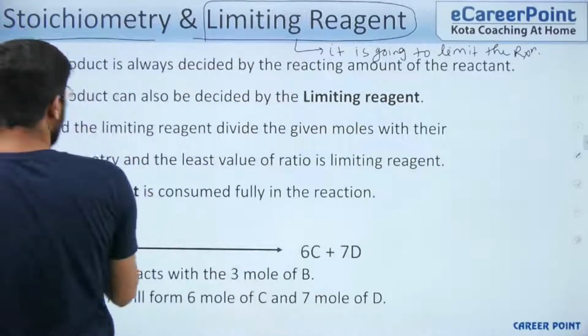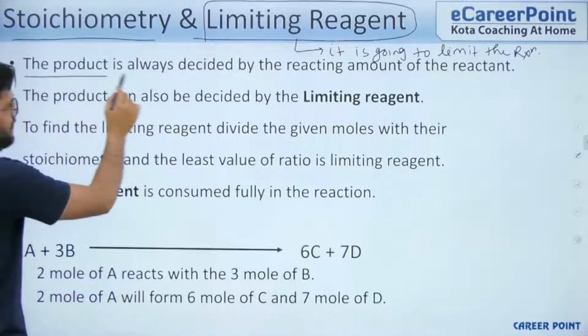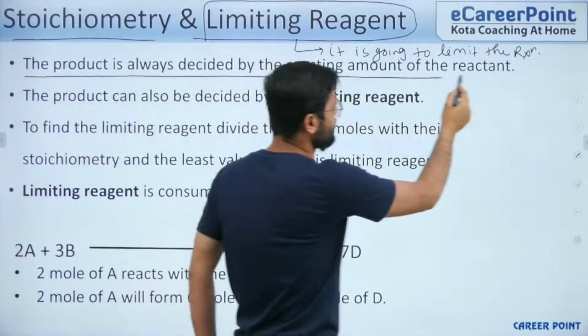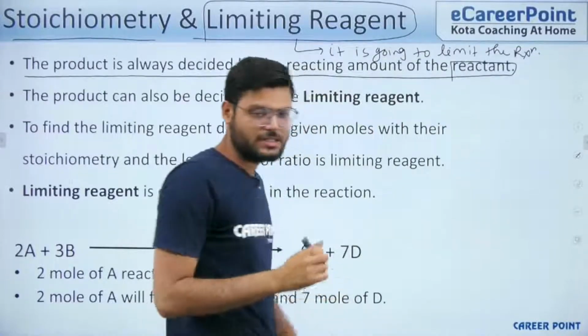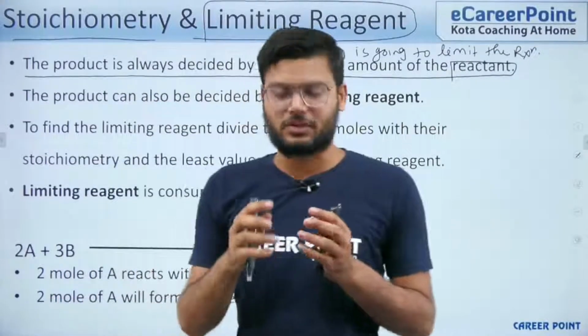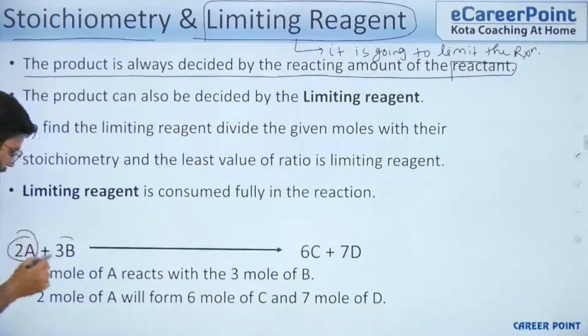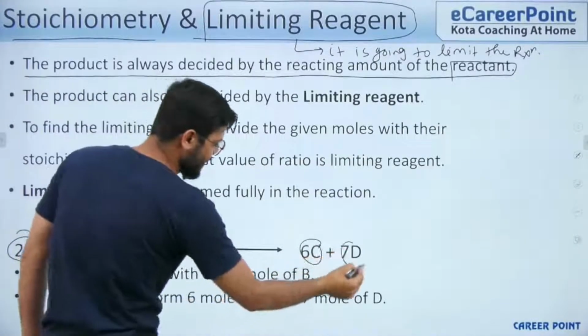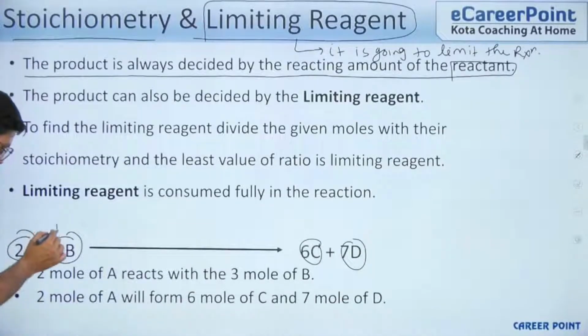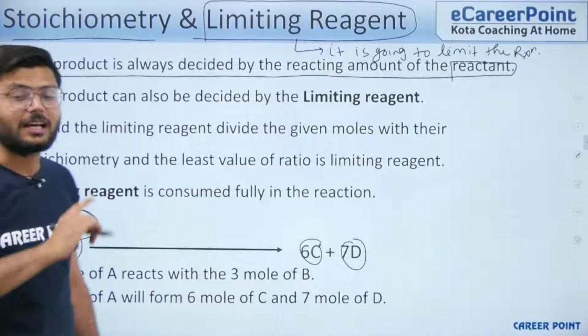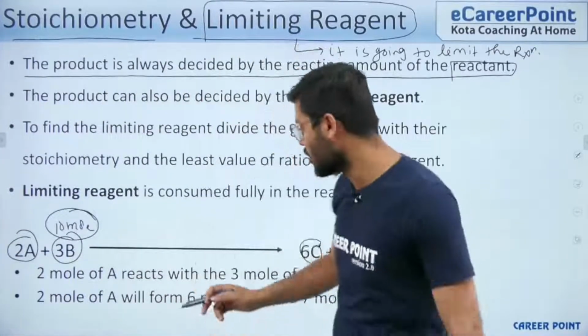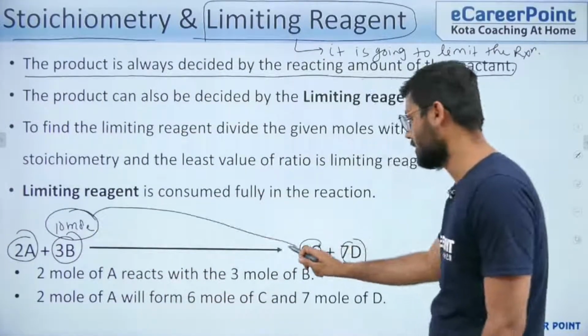Now, how? Let's try to understand. The product is always decided by the reacting amount of the reactant. Let's say we have this reaction 2A plus 3B giving 6C plus 7D, and we are saying that only 10 moles of B is reacted. Remember, the reacted amount is what gives the information about the product.